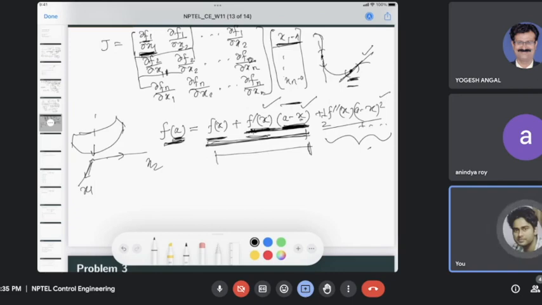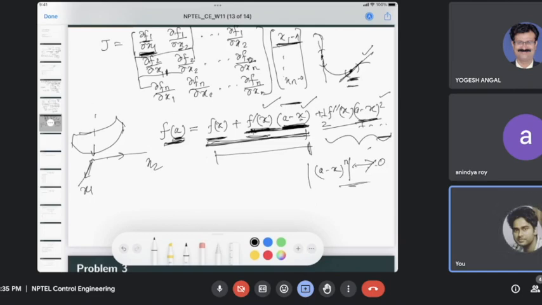If a is very close to x, then the difference power will be very small. It can be positive or negative, but its magnitude is very small, like a small number epsilon, very close to zero. So the higher order terms will be very close to 0 and only the first term will remain.